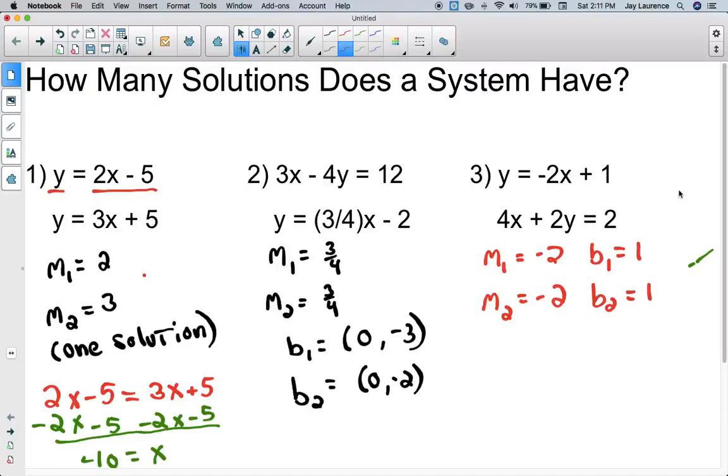Two, if you're asked to solve one by graphing, there's a chance that the two lines might intersect at one of the intercepts. If they do, you find them first, you're going to know the solution to the system before you actually do the graphing. So just some things I think will help you out.